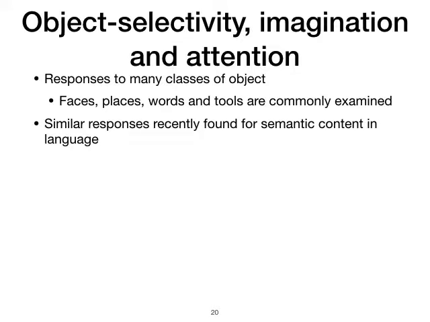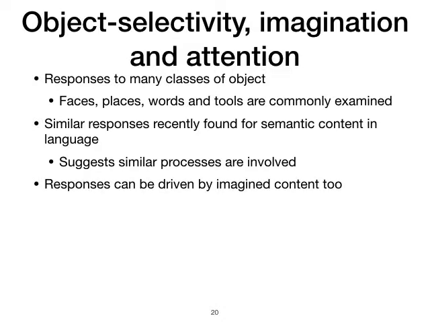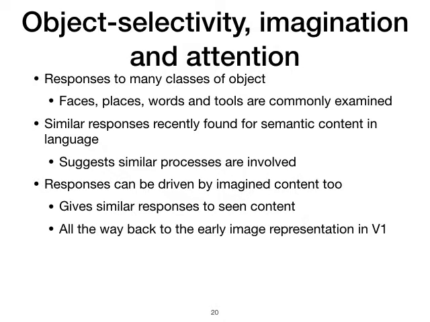Similar responses have recently been found for semantic content in language, which suggests that similar processes are involved. Also, these responses can be driven by imagined content, which gives similar responses to actually presented scene content. And this goes all the way back to the early image representation in the primary visual cortex, because you can look at V1's activity and identify what image people were imagining.